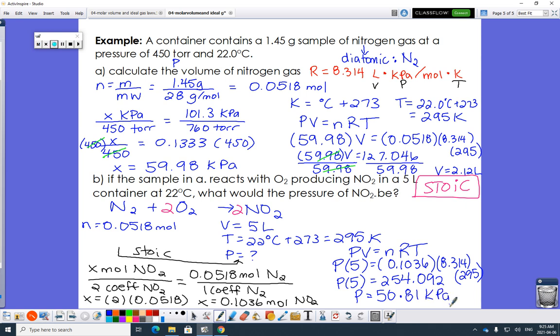Sort of out of room. So you would divide by 5 to get P by itself. Again, you could do that all as one step.